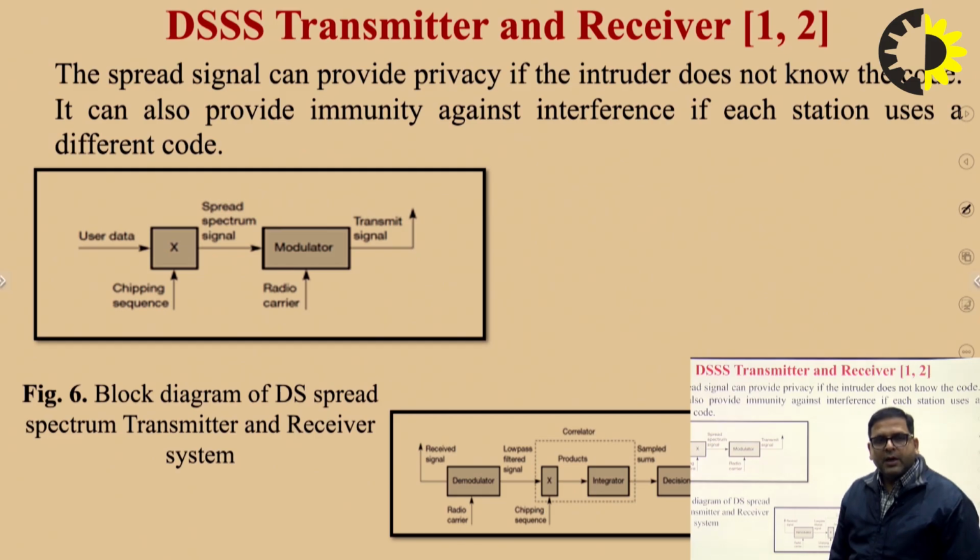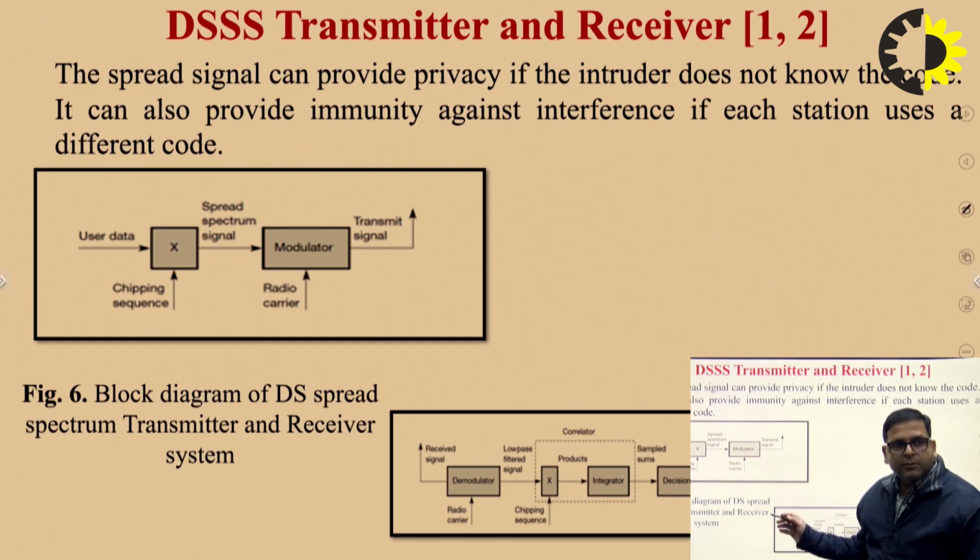At the receiver side, we just perform the reverse operation of transmission. First we receive the signal and we demodulate it using a demodulator.